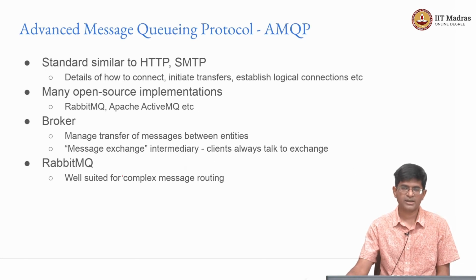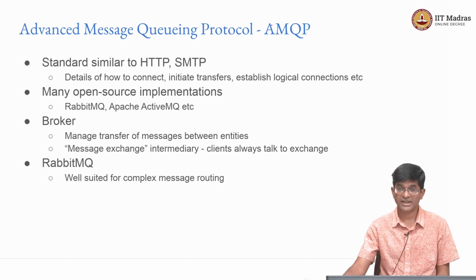So there are a couple of different examples that I'm just going to mention briefly over here. There are many other techniques, as you can imagine. One of them is what's called the Advanced Message Queuing Protocol, or AMQP. It's a protocol, a standard which is similar to HTTP, SMTP, meaning that the details of how to connect to an AMQP server, how to initiate the transfer, what is a logical connection, what is the kind of header information, what is the kind of request information, how should responses look, all of that is specified as part of the protocol.